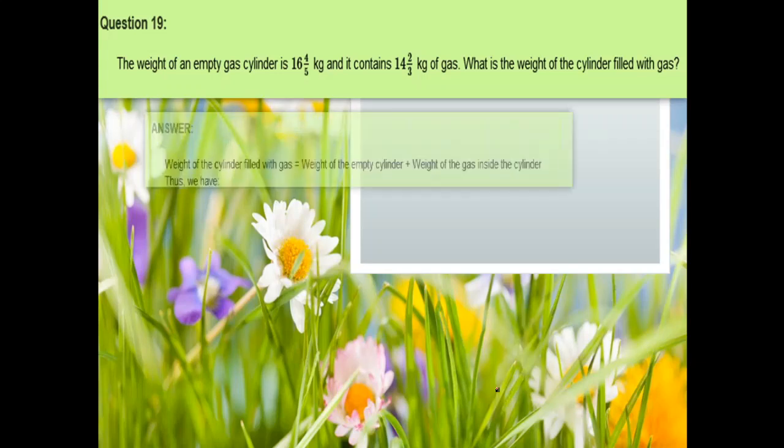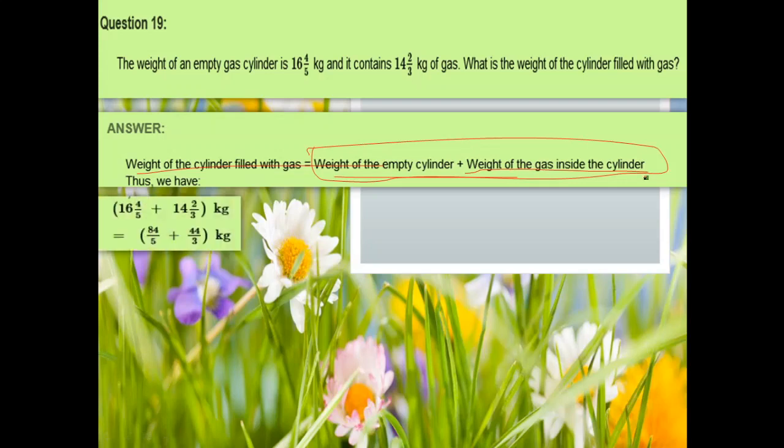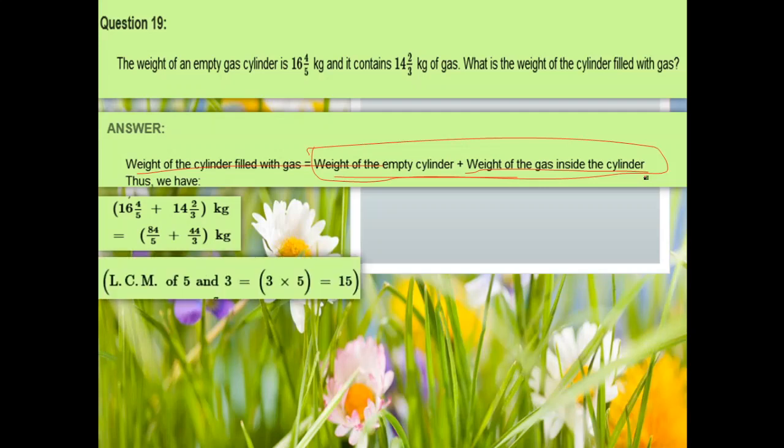So here first we write the statement and then add. You can write separately: weight of the empty cylinder as the first statement, then the weight of the gas inside the cylinder, and then as the third statement the weight of the cylinder filled with gas. You can do it easily like that.